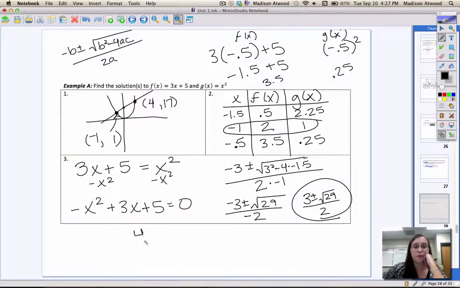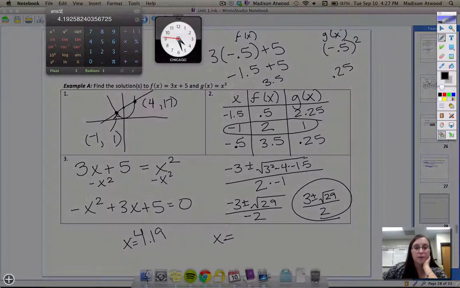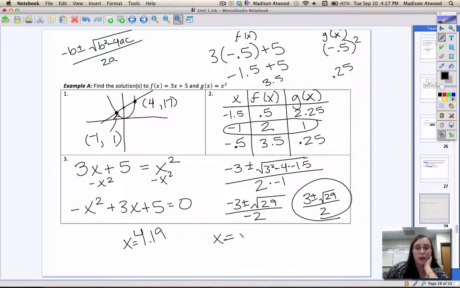That's one x value, which is pretty close to this one that we got. And then my other x value would be 3 minus the square root of 29 divided by 2, -1.19. So also pretty darn close to the estimate that I came up with.